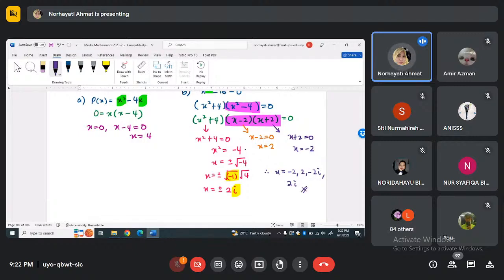So we have 4 roots. Okay, 1, 2, 3 and 4. Alright, boleh kelas? Boleh, okay. Ada soalan? Any question?